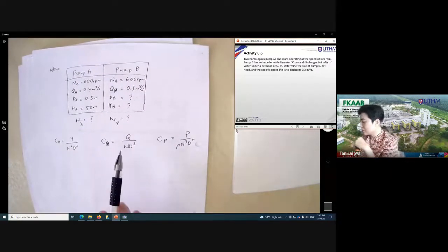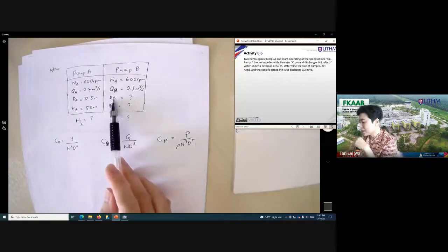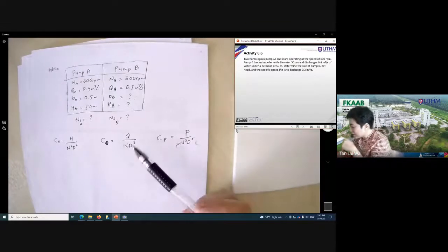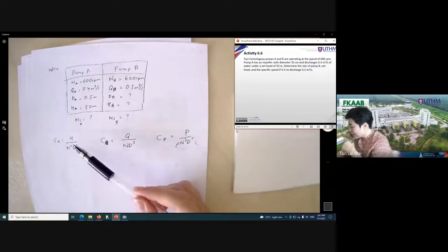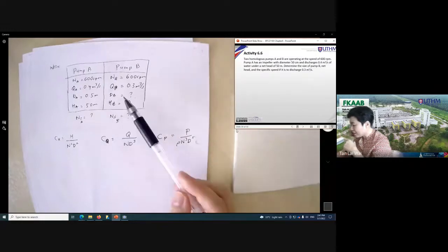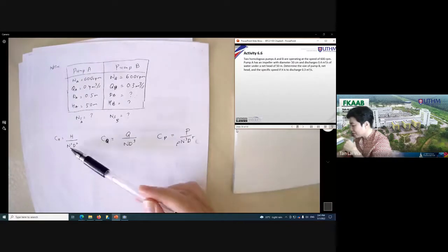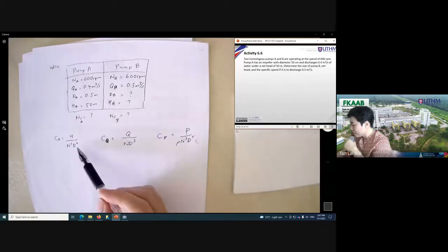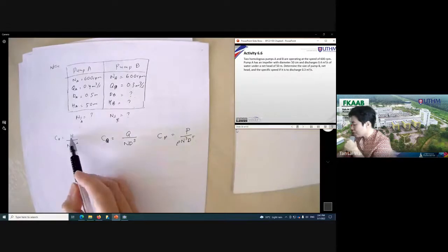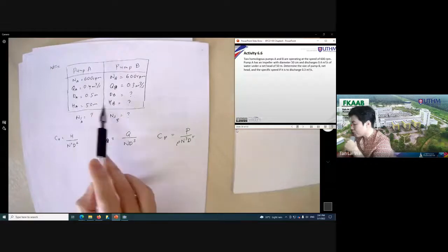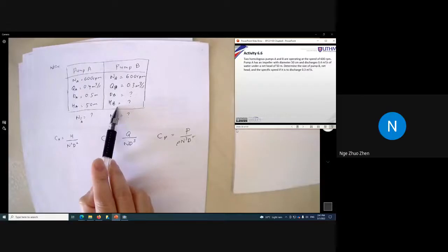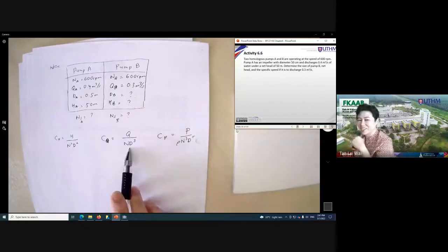Between all these three laws, if I want to find my dB, which law should I use? Because of course I need to look at what is provided. Can I use this? I cannot. Can I use this? Yes, I could use this if I want to find D, because H for both are not available. Use CQ. Okay, use this. Thank you.